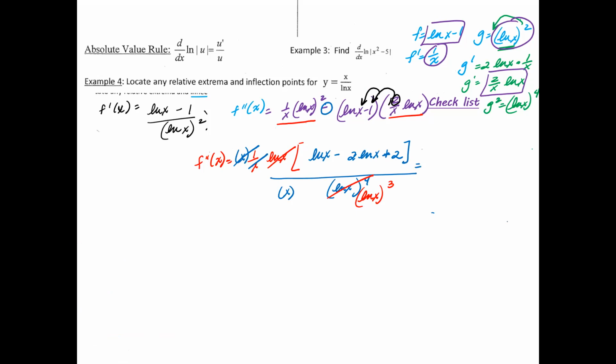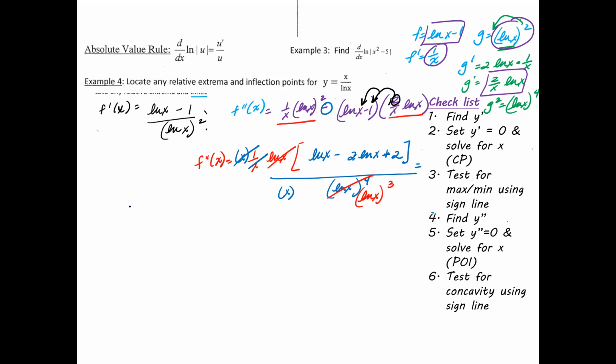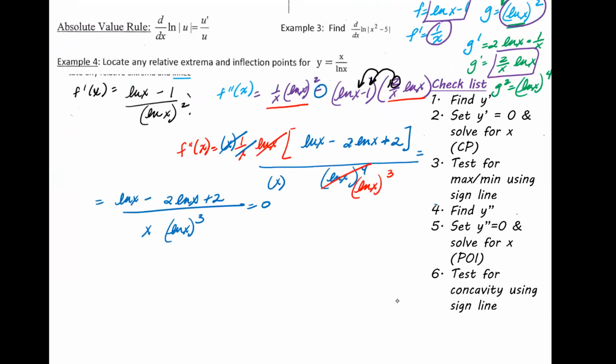So then I would just have ln x minus 2 ln x plus 2 all the way over x ln x to the 3rd power equals to 0 over 1.